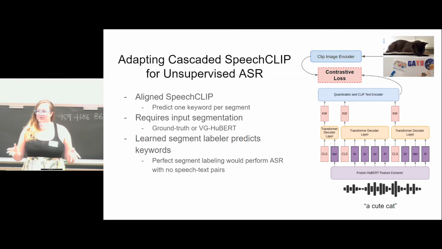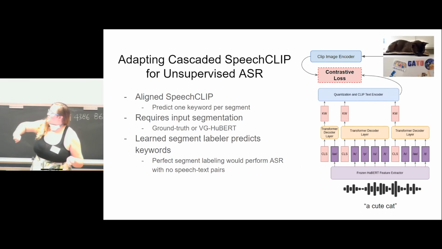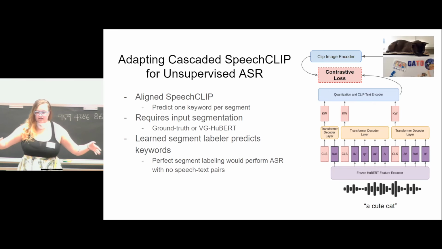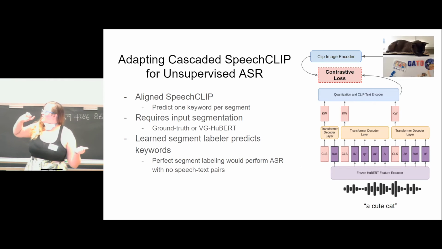Our first approach to doing unsupervised ASR using visual grounding is to take the cascaded speech CLIP model that was presented by Ian Shih this morning and adapt it to use alignments. Instead of predicting a fixed set of CLS tokens, a fixed set of keywords for the entire utterance, let's predict one CLS, one keyword, for each segment in the utterance.